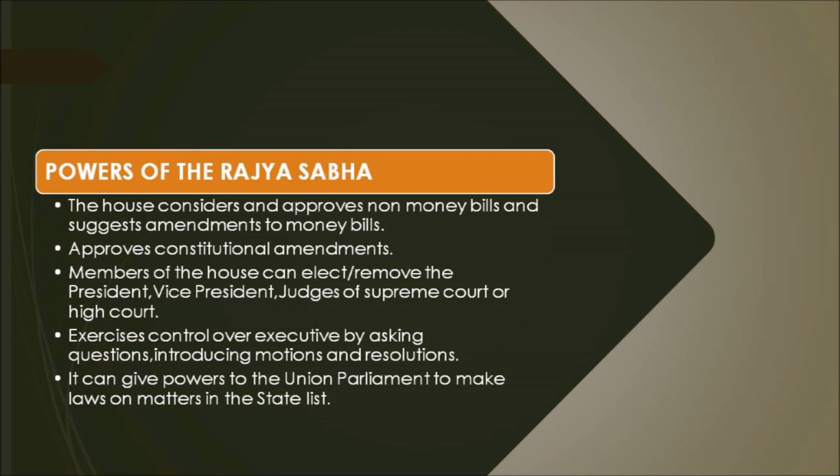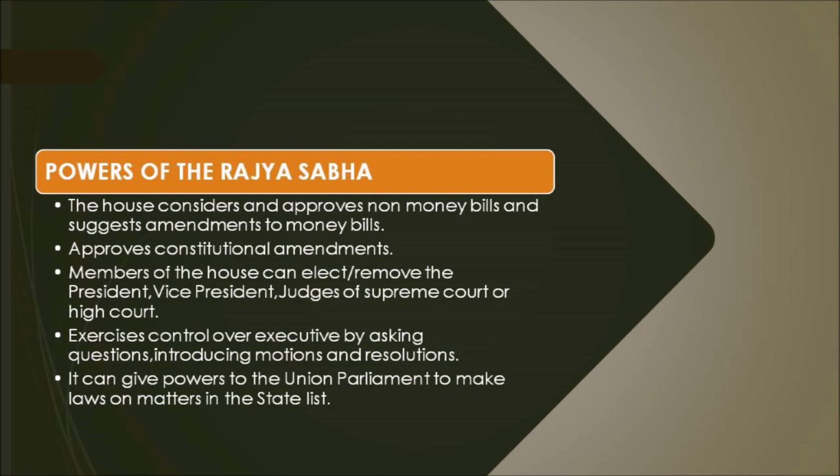The House considers and approves non-money bills and suggests amendments to money bills. It approves the constitutional amendments. The members of Rajya Sabha participate in the election and removal of President, Vice President, judges of the Supreme Court and High Court.